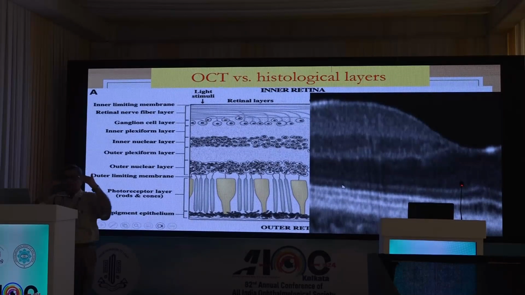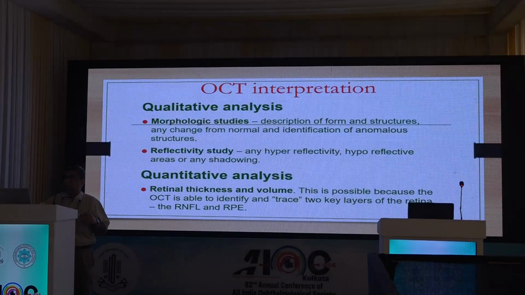And what you see over here is the IS-OS junction. Here is the interdigitation zone. So you are actually seeing a histopathological image, and you can figure out what is going on at every level if your machine is sensitive enough. And this is, of course, a Heidelberg machine.